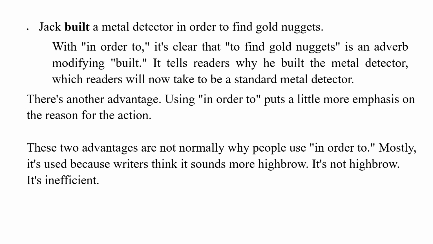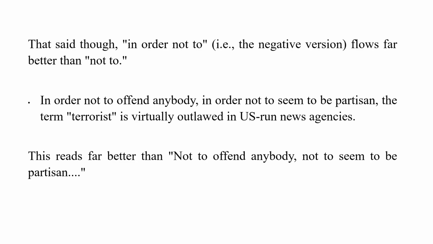These two advantages are not normally why people use in order to. Mostly it is used because writers think it sounds more highbrow. It is not highbrow, it is inefficient. That said though, in order not to, that is the negative version, flows far better than not to.